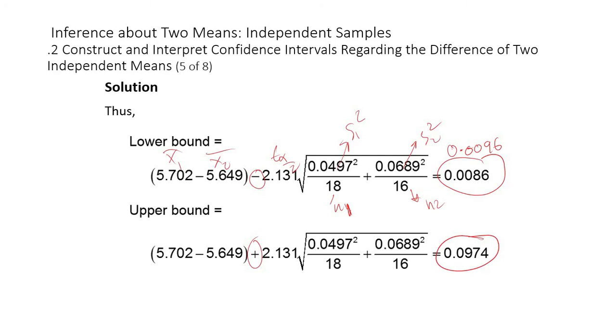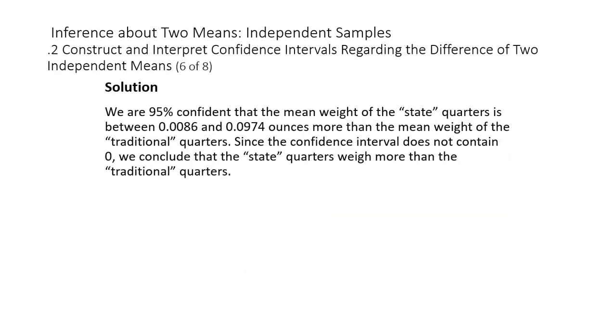So the conclusion for this: we are 95% confident that the mean weight of a state quarter is between 0.008696 and 0.0974 ounces more than the mean weight of the traditional quarters.